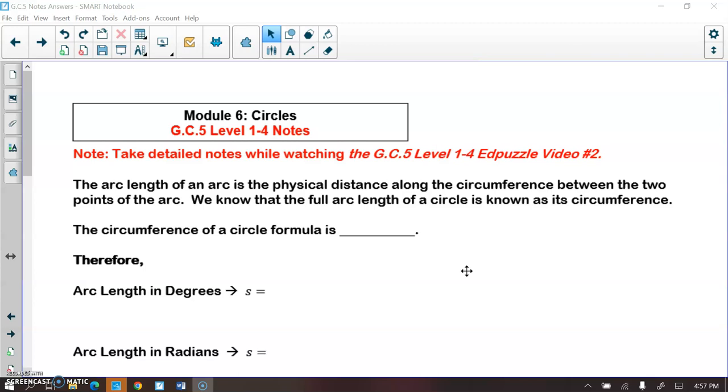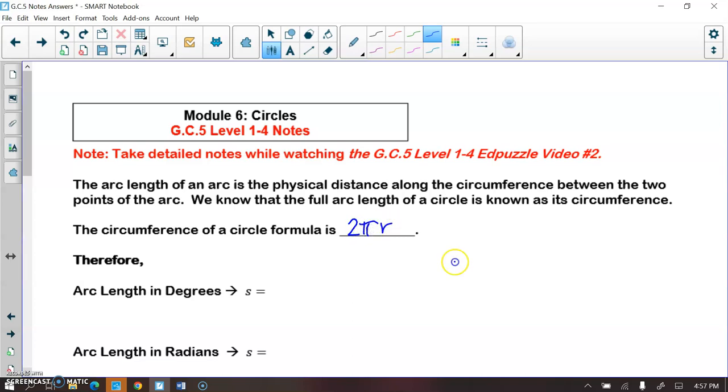The circumference of a circle formula is 2 pi r. That would be a full circle. But now we may only be doing a portion of our circle's circumference.